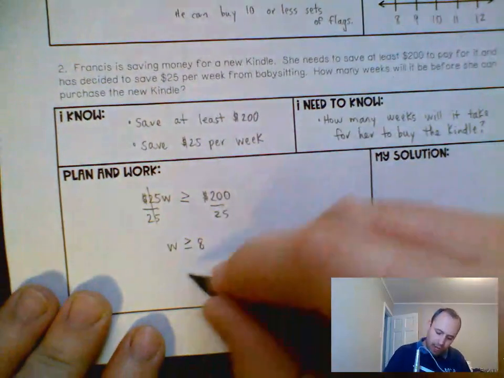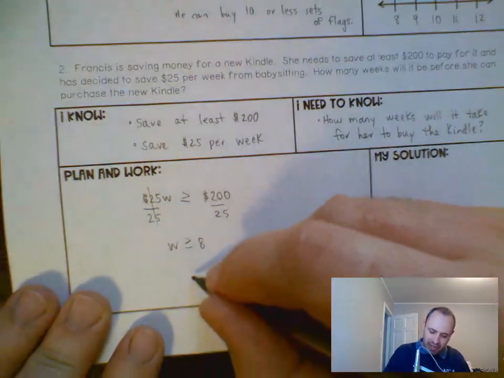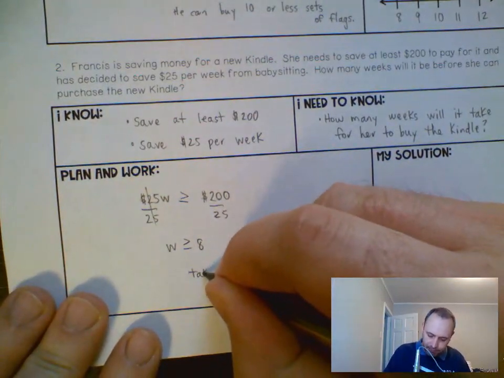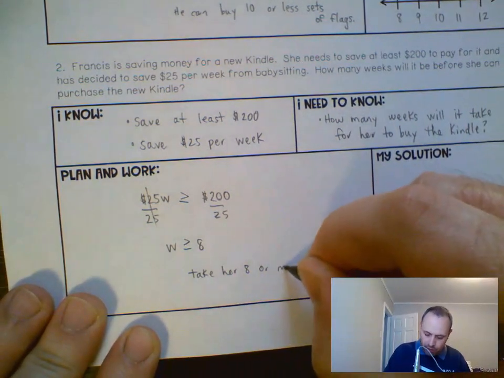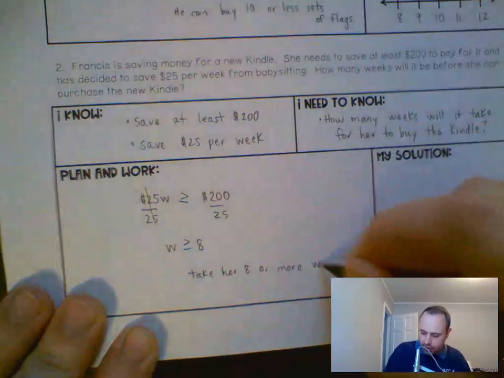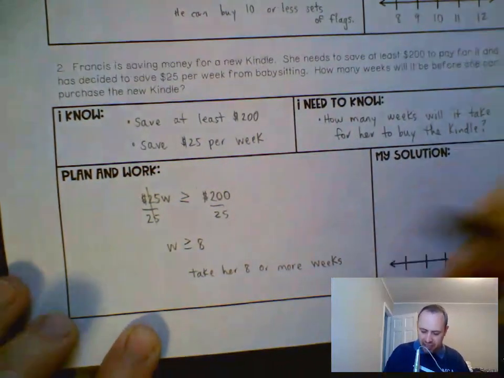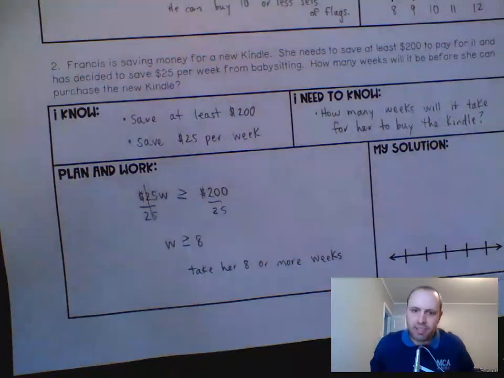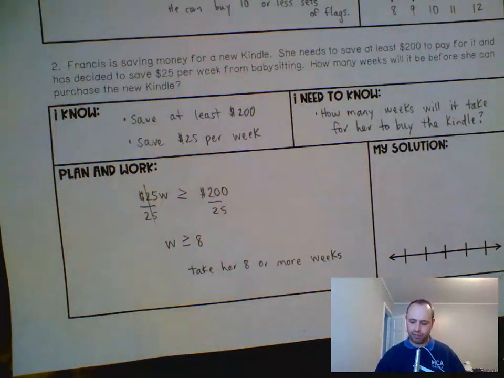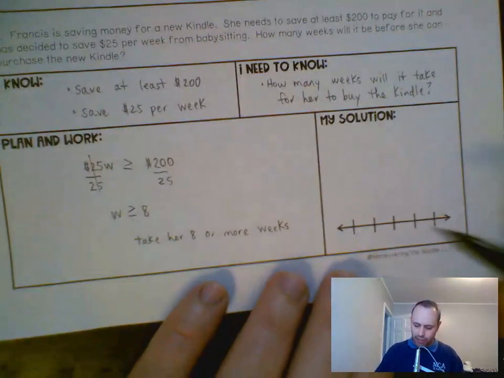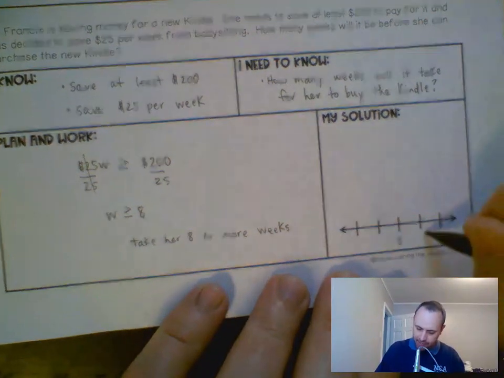So it looks like this is going to take her 8 or more weeks. 8 weeks will get her exactly the 200. If she saves for 9 weeks, she'll have 225. 10 weeks, 250.